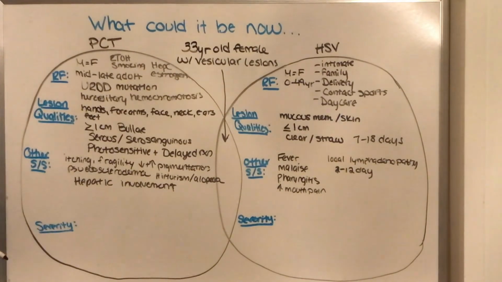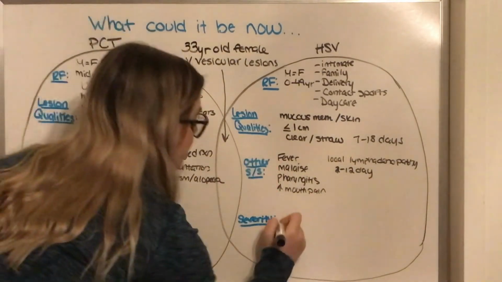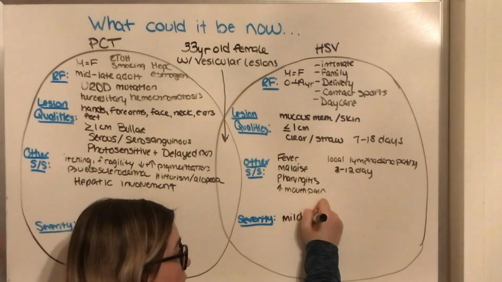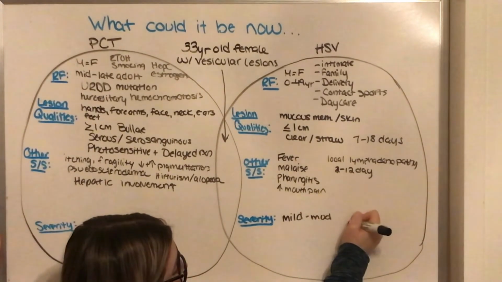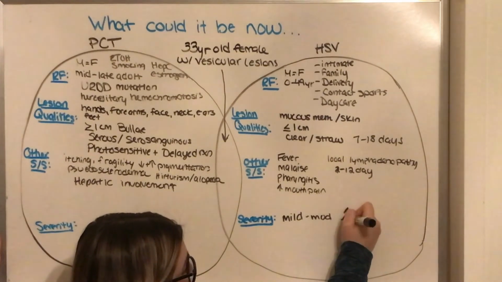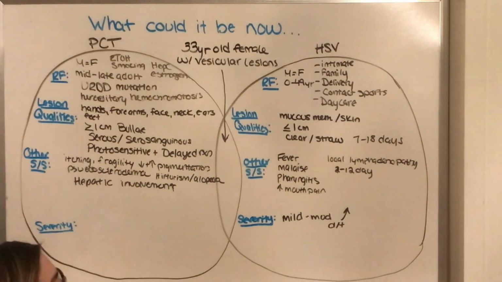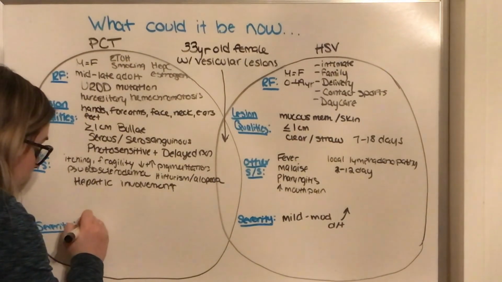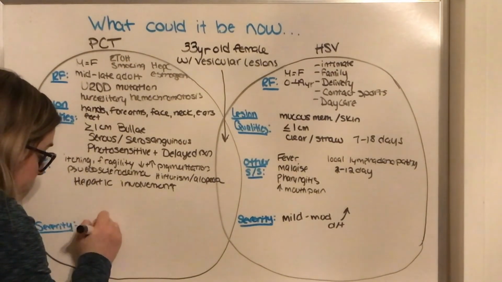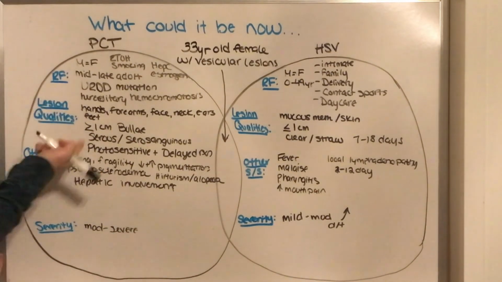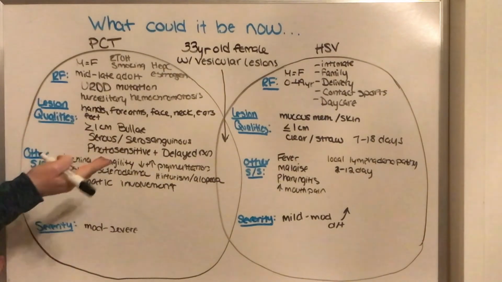When talking about severity, these patients are going to present with some mild to moderate illness due to these symptoms. They're going to present as if they have a virus, because they do. But in this case, it's going to come across a little bit more moderate to severe, because these lesions are covering a larger portion of the body.